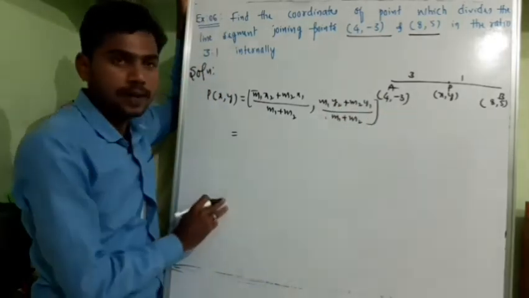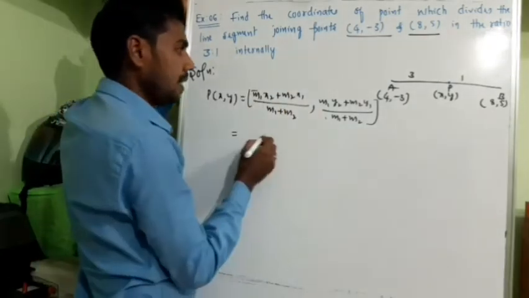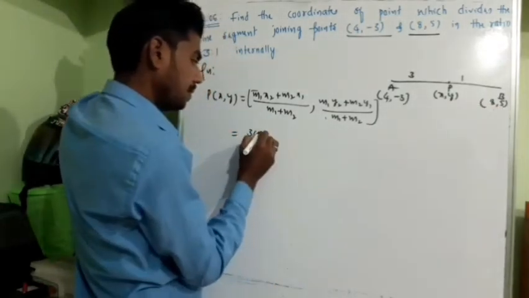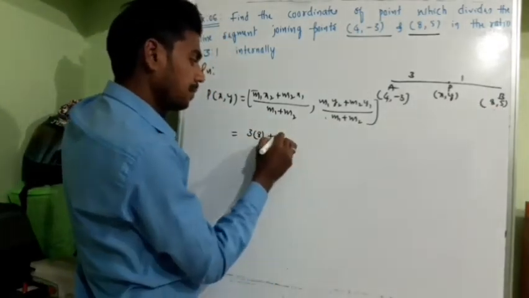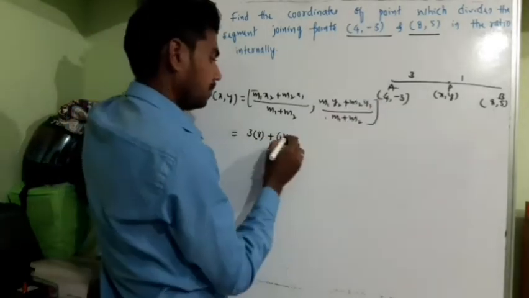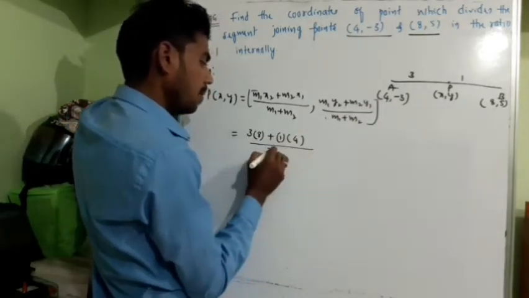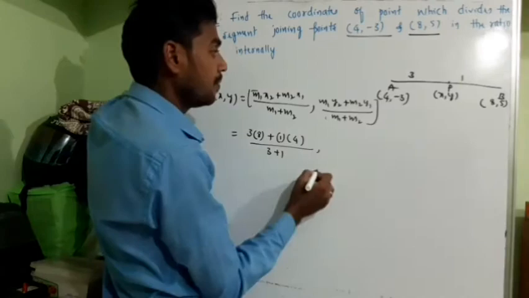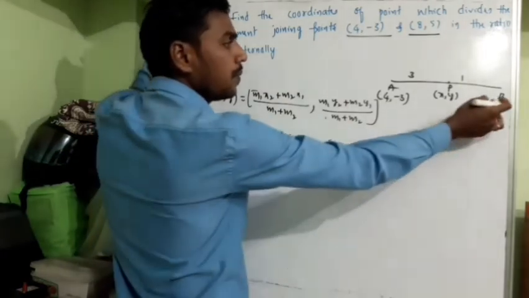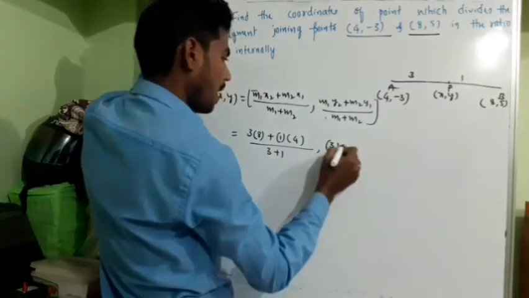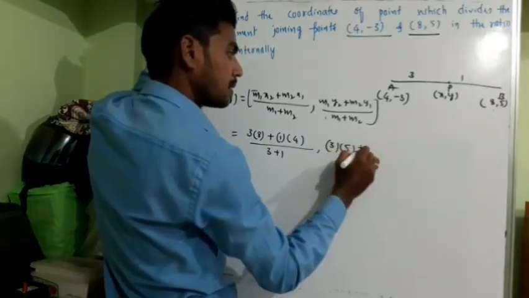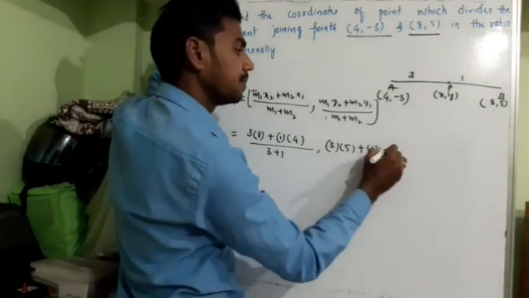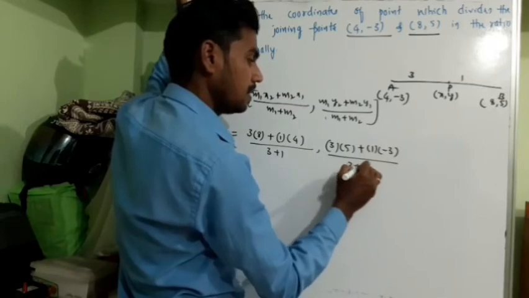What is m1 here? m1 is 3. 3 into what is x2 here? x2 is 8, plus what is m2? 1, into what is x1? 4, divided by 3 plus 1, that is m1 plus m2. Next, m1 is 3, y2 is 5, plus m2 is 1, y1 is -3, divided by 3 plus 1.